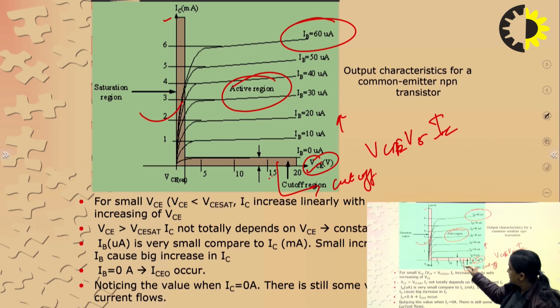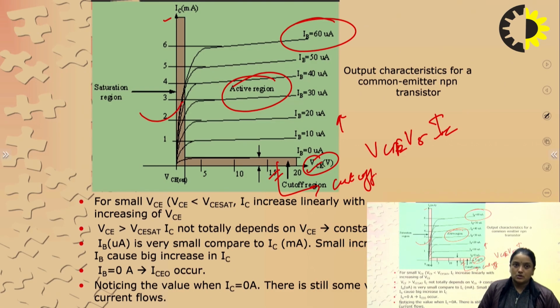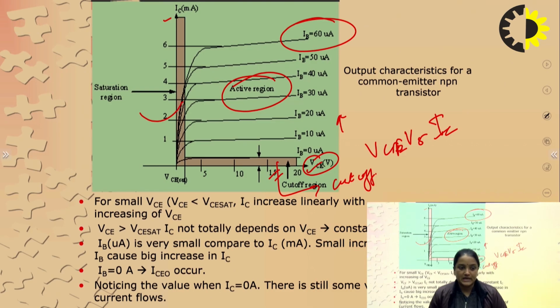So this is all about the description of the output characteristics of BJT, which is plotted between VCE and IC, taking IB as constant.